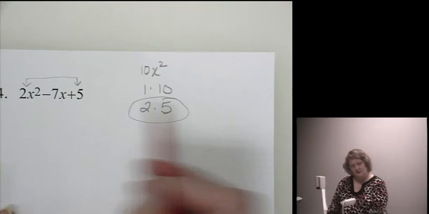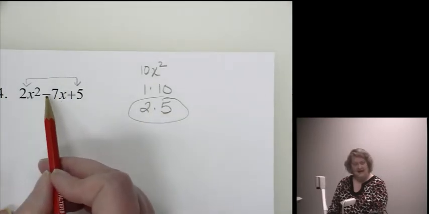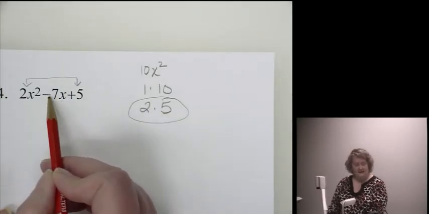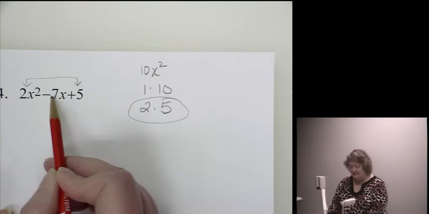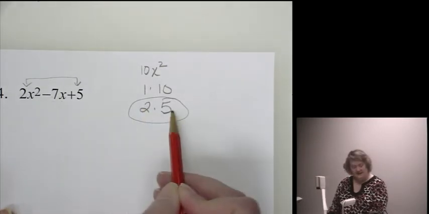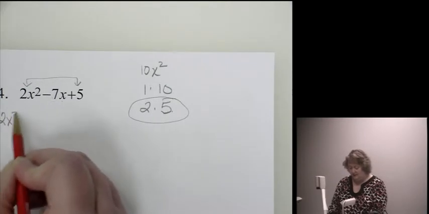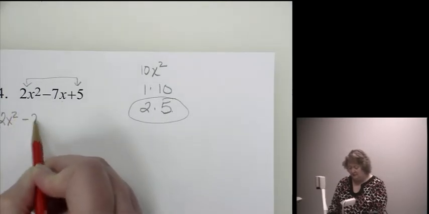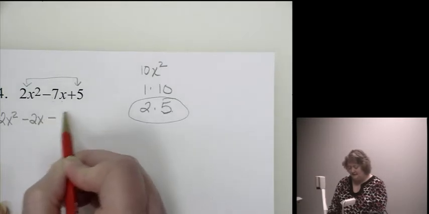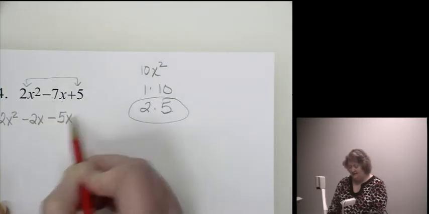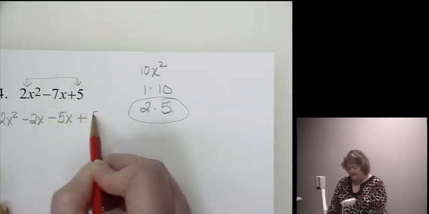Now this time, notice we need it to be a negative in the center. To get that negative in the center, we need both of these to be a negative. 2x squared minus 2x minus 5x plus 5.